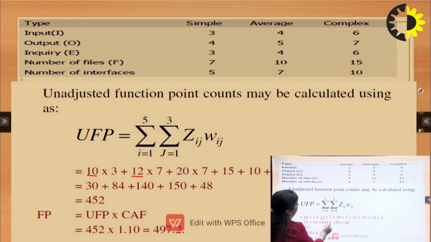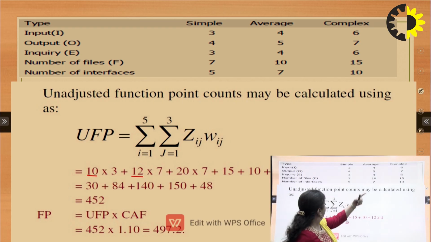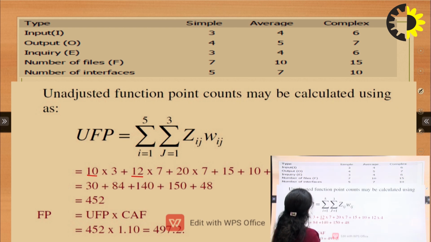What we have done now, I have just applied the values. Number of units was given to me. For low inputs, I have taken the value as 3. For high outputs, I have taken the value as 7. Then for the number of logical files, it was again simple or low, so 20 into 7, and in the same way I have applied to other functional units.